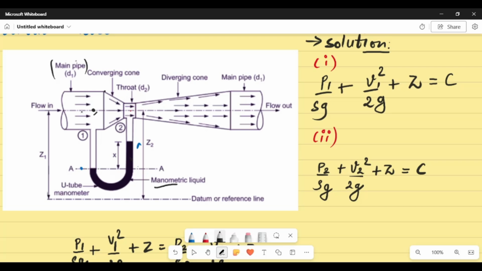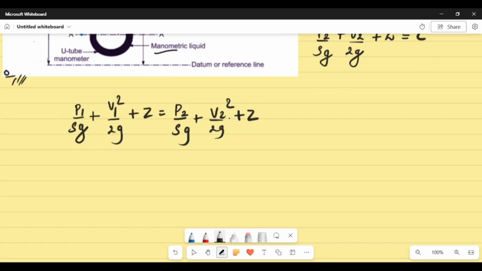Now if you say this is in a straight line at the same distance from the ground, let's say that we had the ground over here, then you can see that the different cross sections, this section and this section, are at an equal distance from the ground. So therefore this is horizontal, so there is no change in potential energy.